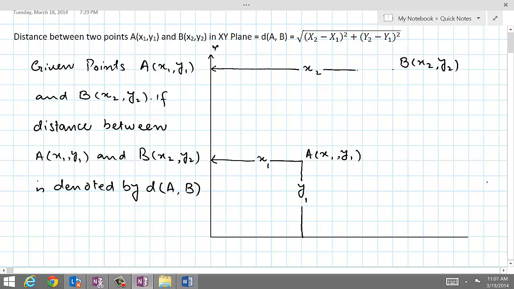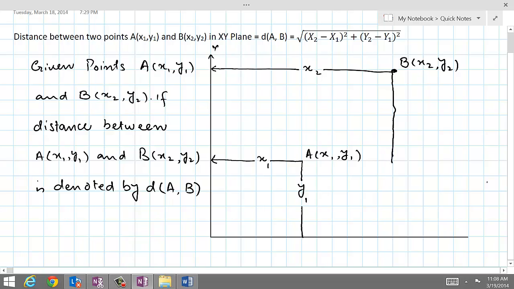Similarly, the vertical distance, because the ordinate of point B is y2, must be y2.